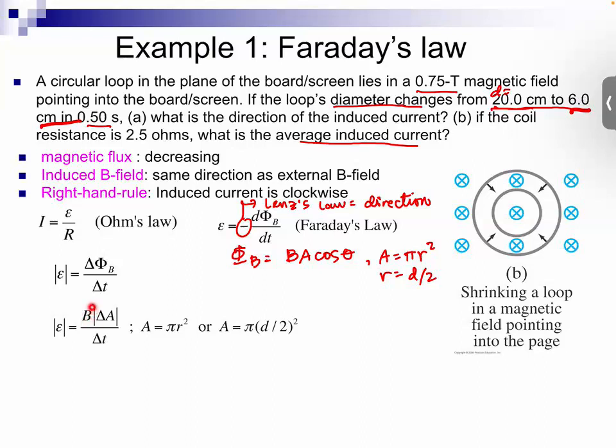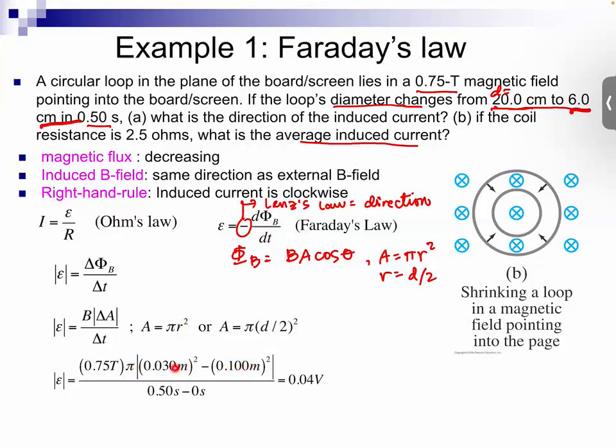Here, the magnetic field is constant, 0.75 Tesla. So you have 0.75 Tesla for the magnetic field times the area, which is pi r squared, but the radius changes. So you have the change in radius there. Or you can always calculate the old area minus the new area. It will still give you the change in area. Divided by the time interval over which the change happened.